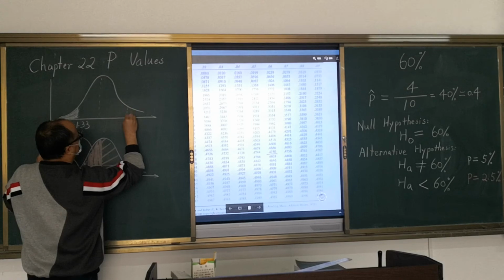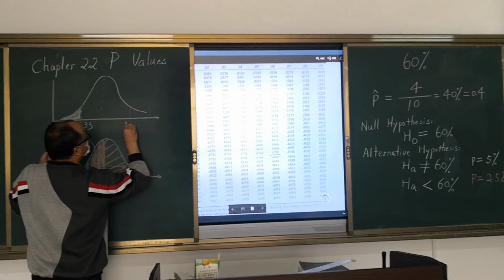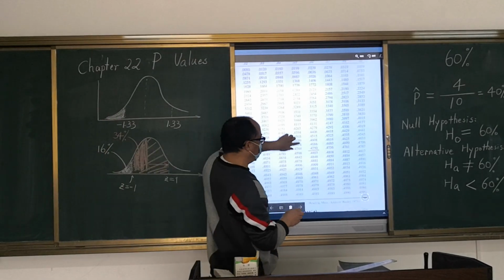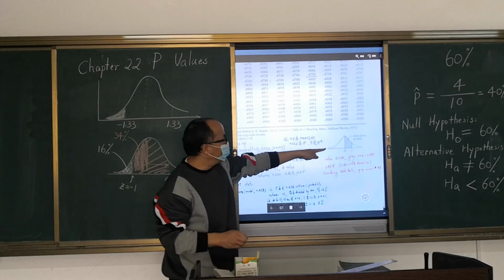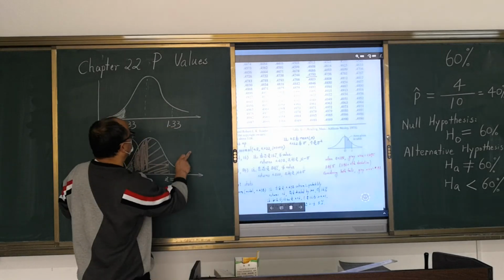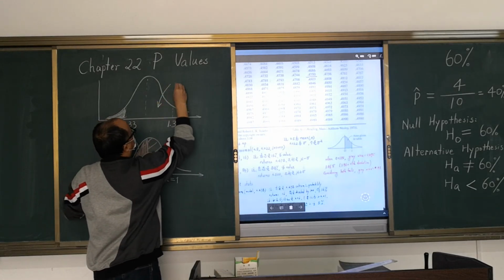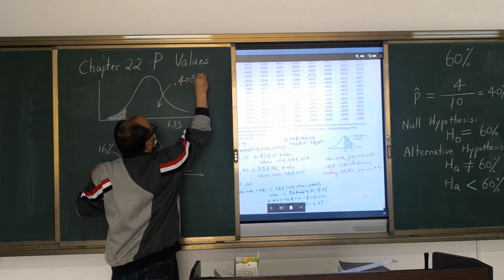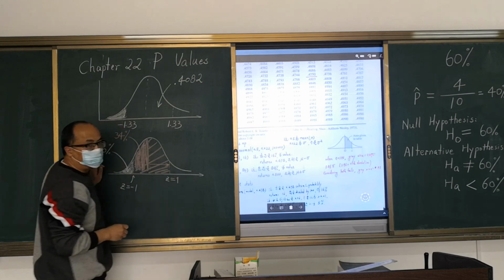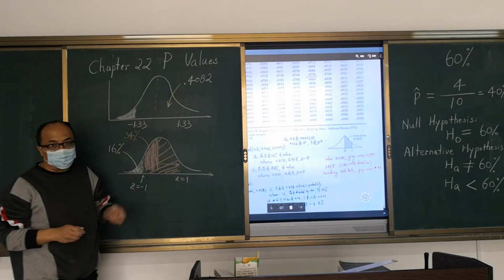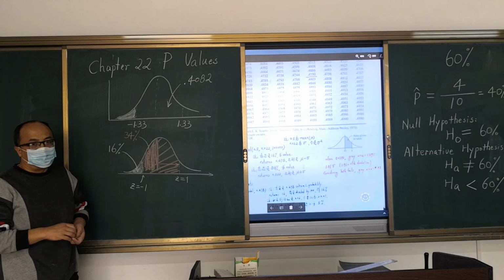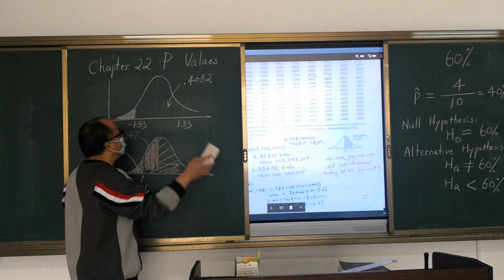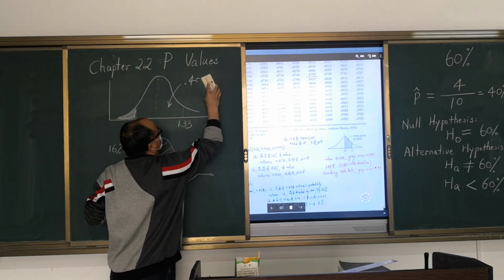That means if it's positive 1.33, according to this table, the area is 0.4082. It's enough for our class, we just ignore the rest.